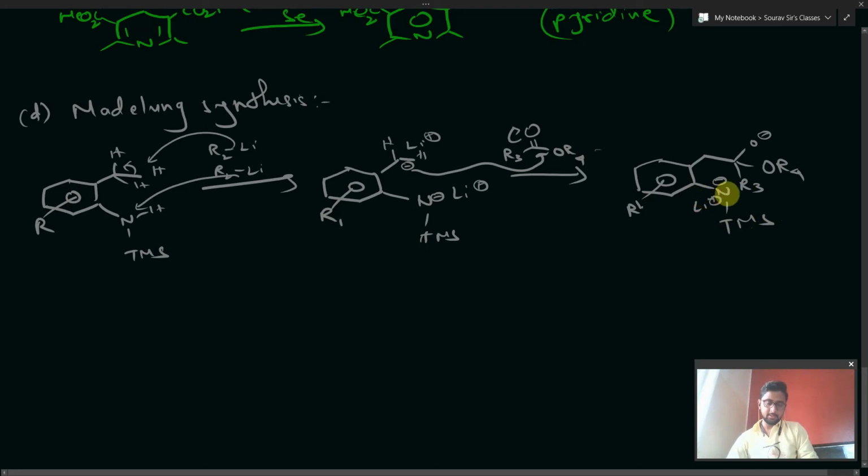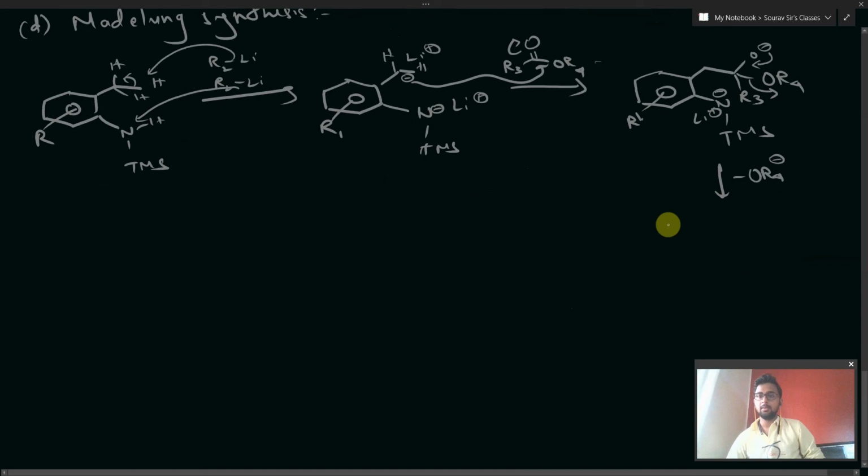Okay, the next step is, so what would happen is this bond will be going over here, and this will be released from the system. So minus OR4 minus. So we will be getting R1, we have double bond O, R3, we have N minus, TMS with Li plus.